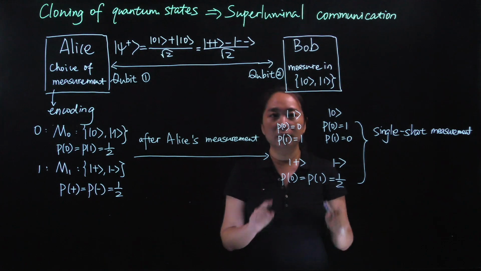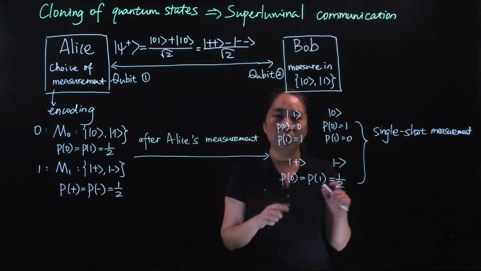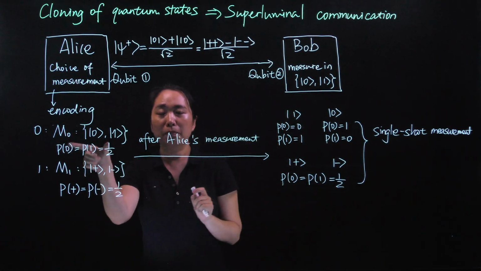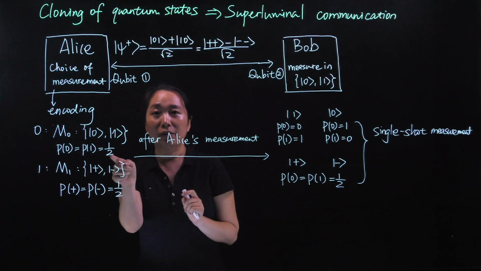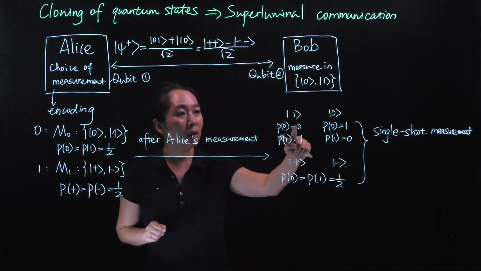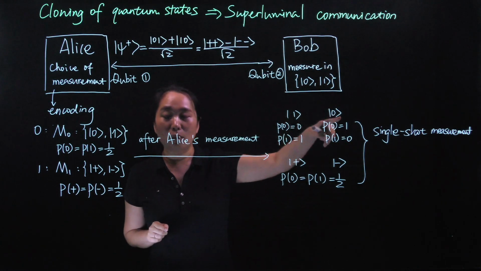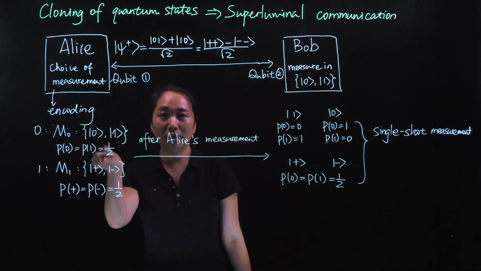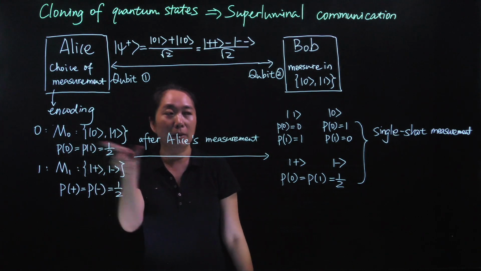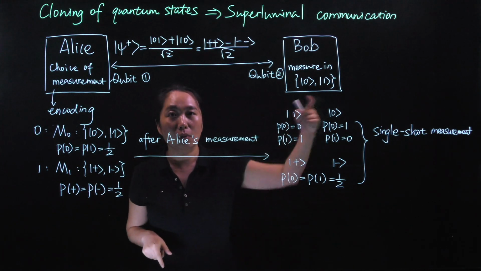In the top case, this mixture of the probability is because Alice's measurement gives half and half, although Bob would have a deterministic measurement result for the 0 and 1 states.